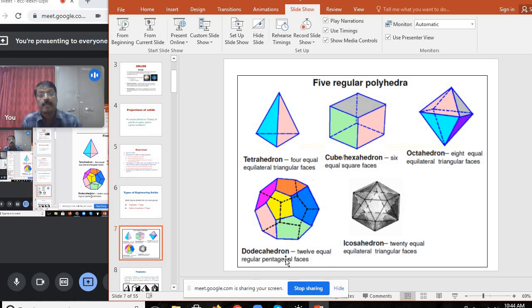Then the dodecahedron, a solid bounded with 12 equal regular pentagonal faces. Pentagon means 5 equal sides, 5 equal edges and 5 equal interior angles. Then the icosahedron, a solid bounded with 20 equal equilateral triangular faces.